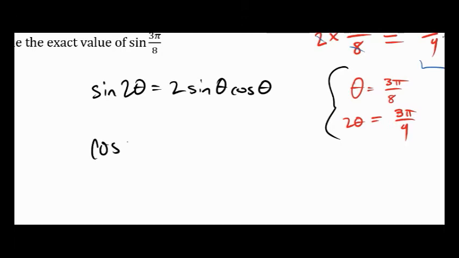So cos 2 theta, and there's 3 versions of it, but think about this one. Think about that for a minute. This is tricky, but it's a good mental exercise, like what we've done before.